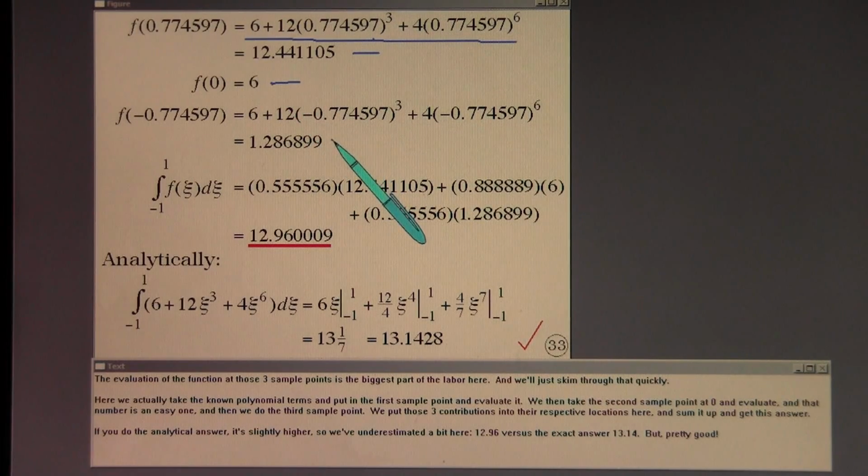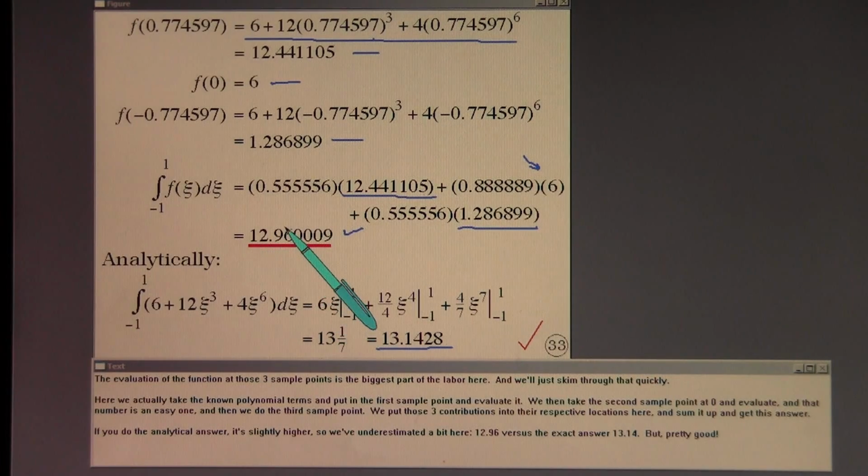And then we do the third sample point. We put those 3 contributions into their respective locations here and sum it up and get this answer. If you do the analytical answer, it's slightly higher, so we've underestimated a bit here.